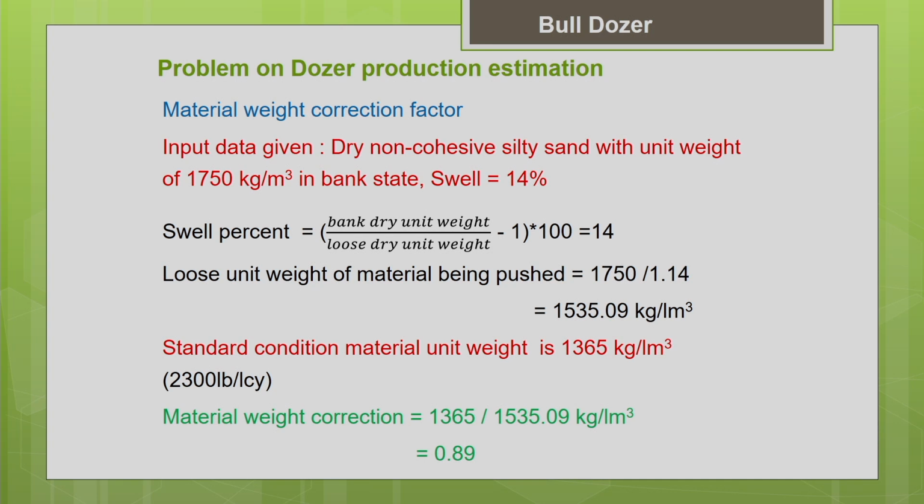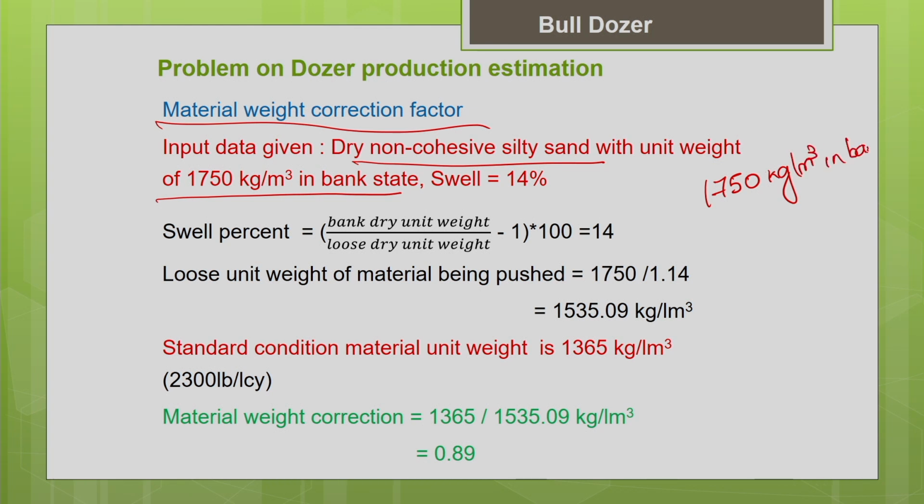Now another important correction factor which we are yet to determine is the material weight correction factor. As I told you, in this project we are going to deal with non-cohesive silty sand. Its unit weight is given as 1750 kg per meter cube in bank state.